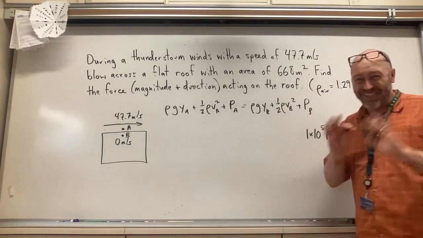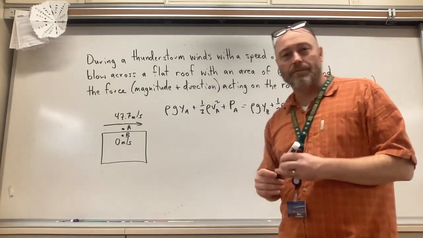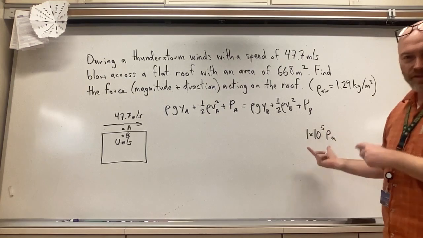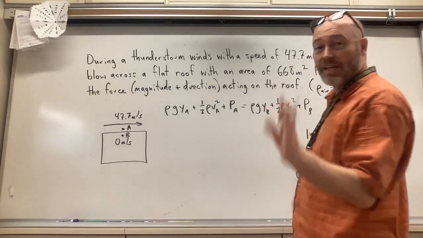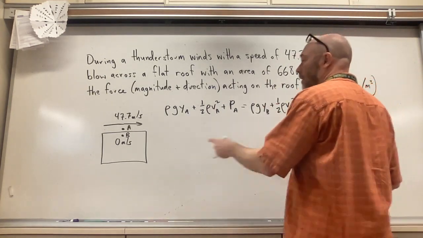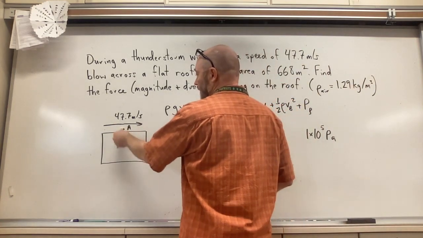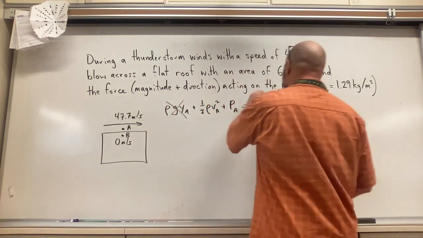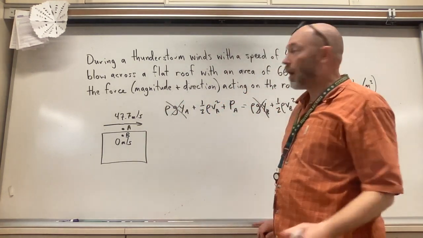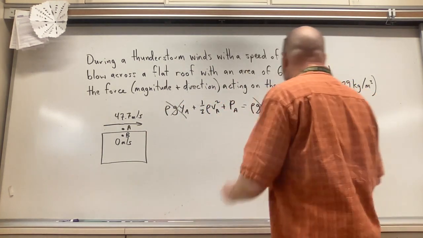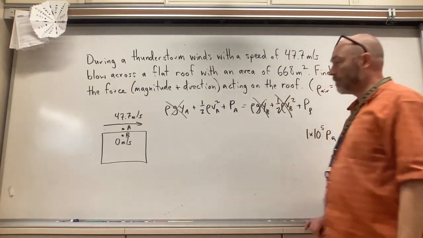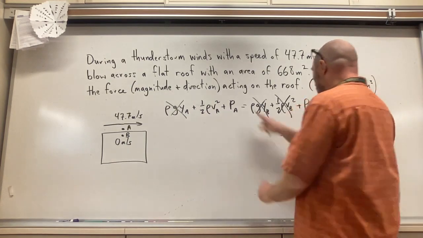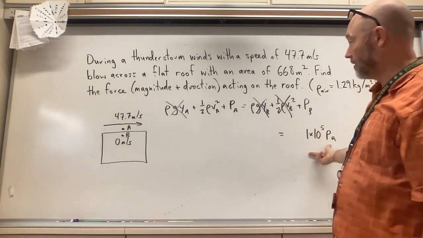If you're really at the surface of the Earth, typically it's like 101 kilopascals, but whatever, this is according to the College Board. And then the height difference here is going to be really, really small, so we're going to just make that assumption. There is no height difference. Inside, my air is not moving at all, so that's going to be 0. So look, the whole right side, I simplified down to this.